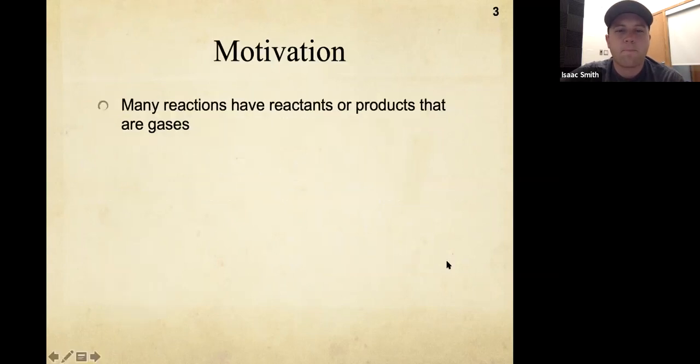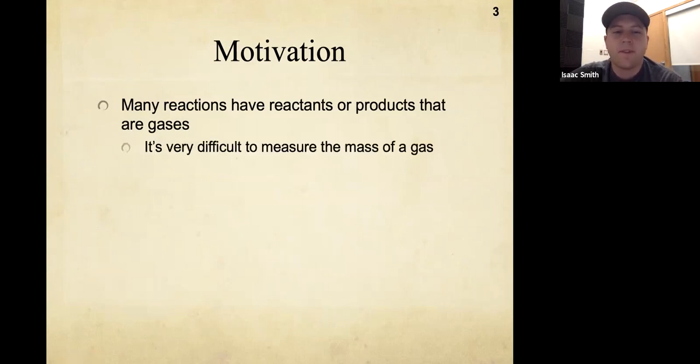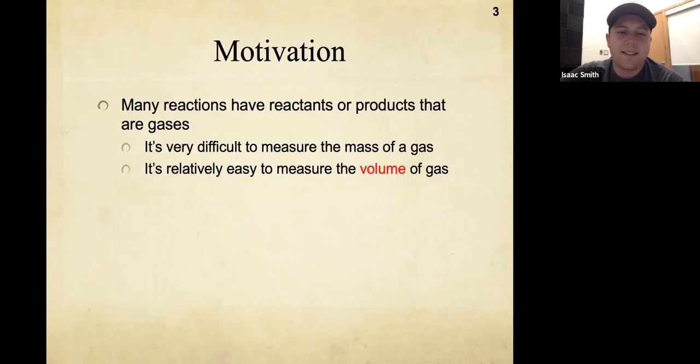All right, so now we're going to be moving into gases. A lot of reactions, and we've already seen a bunch, have reactants or products that are gases. It's very difficult to measure the mass of a gas. You can imagine that'd be hard, but it's easy to measure the volume of a gas.